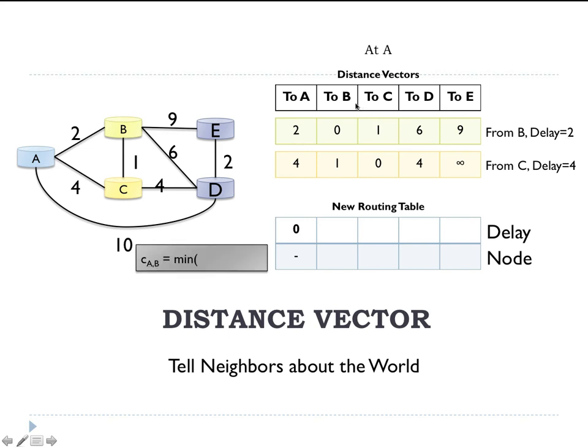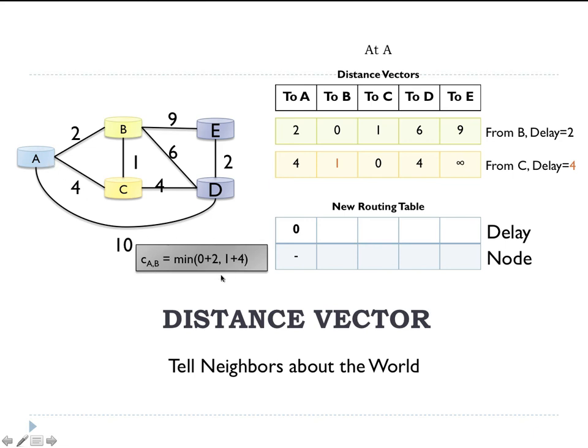Let me show you. So it's the minimum of 0 plus 2, the 0 coming from here and the 2 coming from here. Or I can get to B through C, right? And to do that, I can get from B to C in 1 and from A to B in 4.